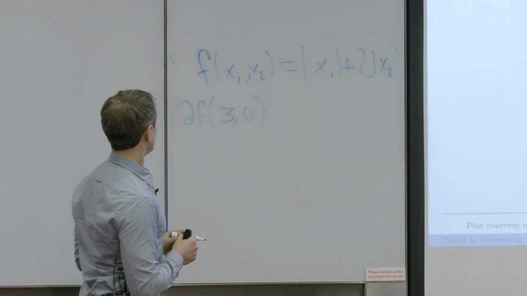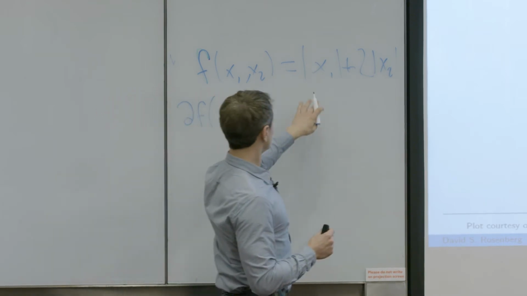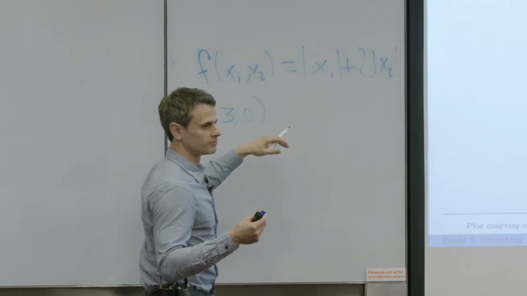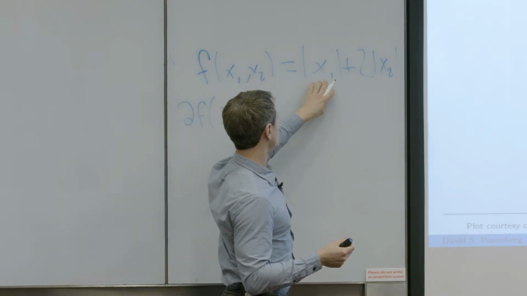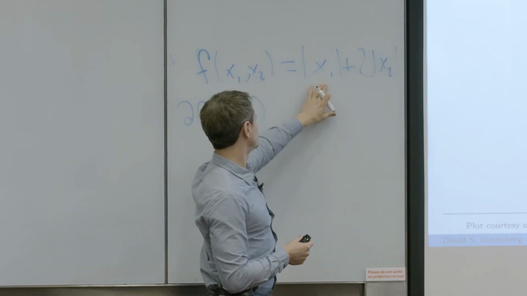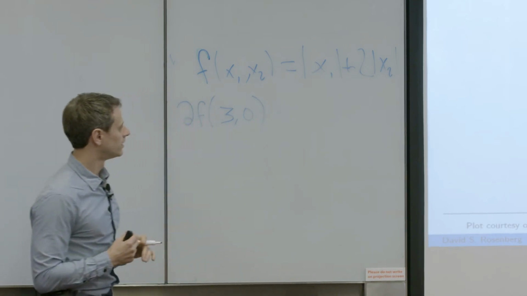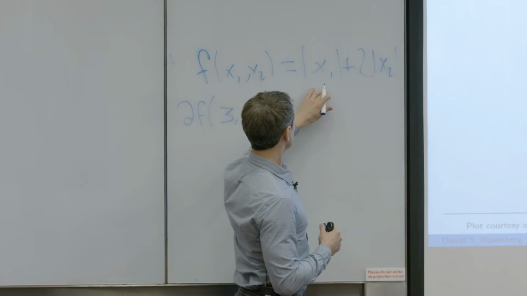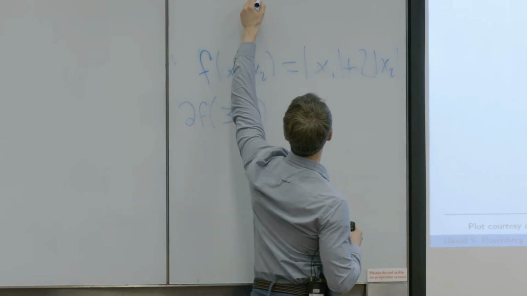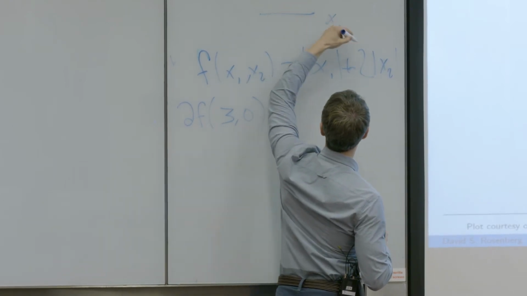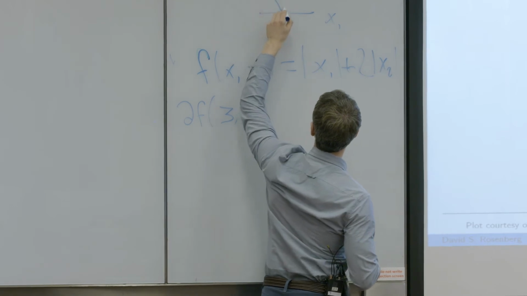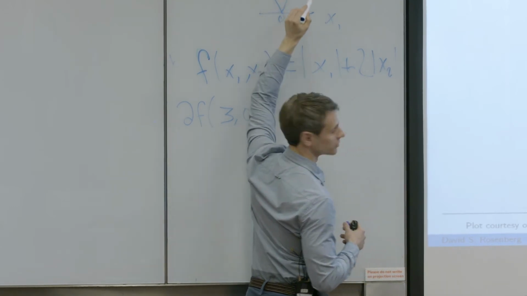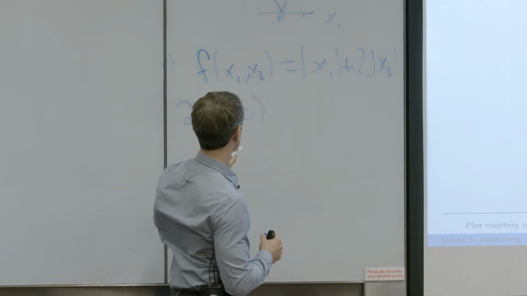So how about the first piece? If we were doing a partial derivative with respect to x1 at x1 equals 3, what's that going to be? Yeah, so the absolute value of x1 piece as a function of x1, everything else held fixed, looks like this. So over at 3, the derivative is 1.